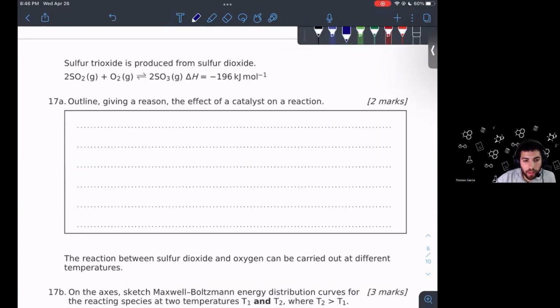Sulfur trioxide is produced from sulfur dioxide. Outline, giving a reason, the effect of a catalyst on this reaction. So you all know this one. This is actually chapter 6. So a catalyst is going to increase rate forwards and backwards.